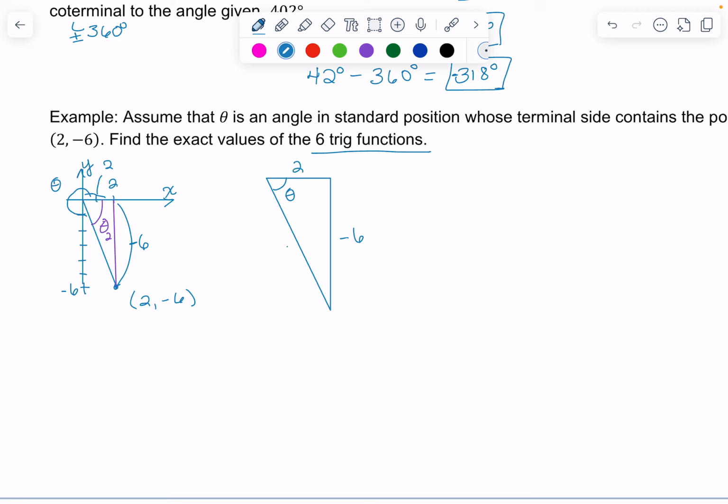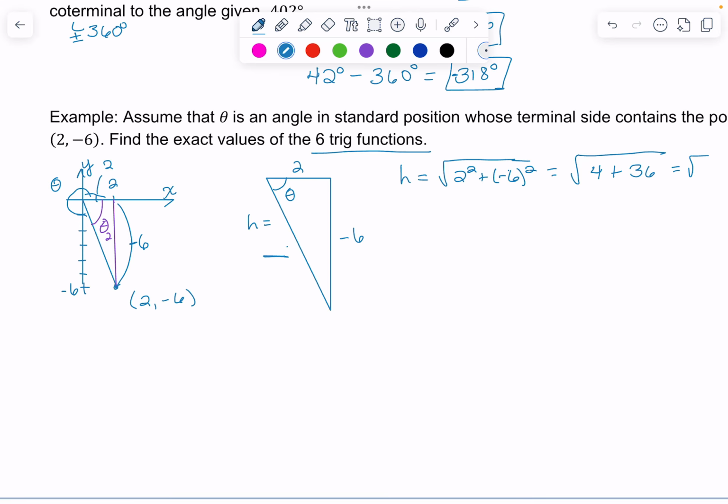If I want to get the length of the side right here, I'm going to say, let's call it h, since it's a hypotenuse. That's equal to the square root of 2 squared plus my -6 squared. And that's equal to the square root of 4 plus 36.